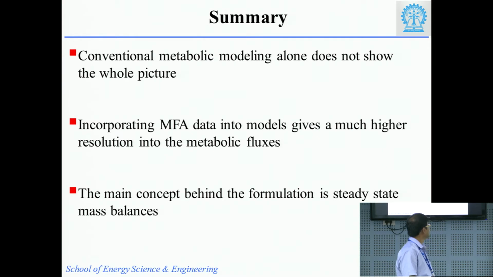In summary, the conventional metabolic modeling does not show the whole picture. The conventional approach, like FBA, is only applied where you have a very good metabolic network, where you know everything. But if you do not know everything, like whether this pathway is there or not, then 13C MFA is sometimes useful, because with the fitting procedure, if the pathway is not correct, you will not be able to fit.